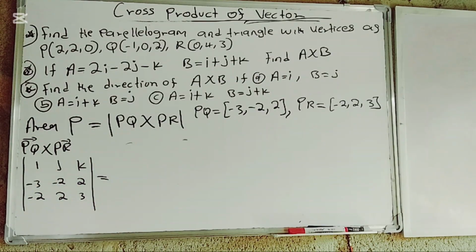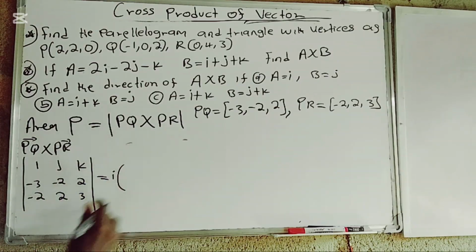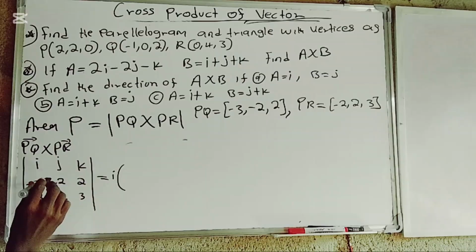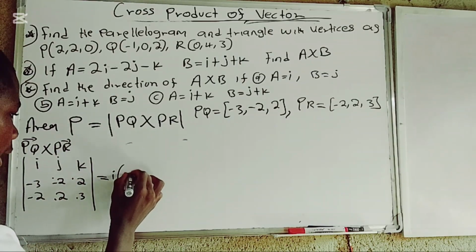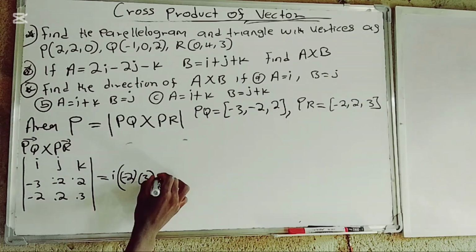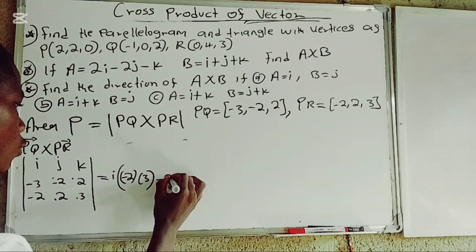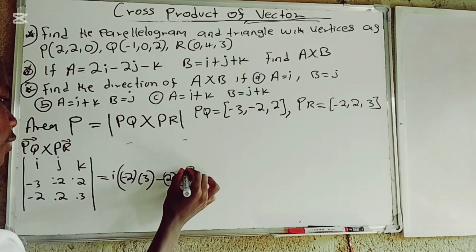So the next thing I will do is delete the I column. I am left with only this and this. So I will say minus 2 multiplied by 3, and subtract this and this, which is 2 multiplied by 2.